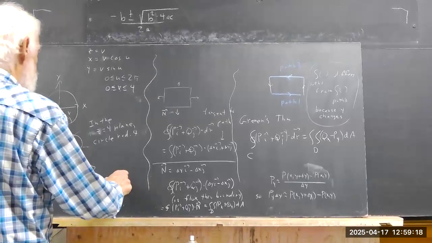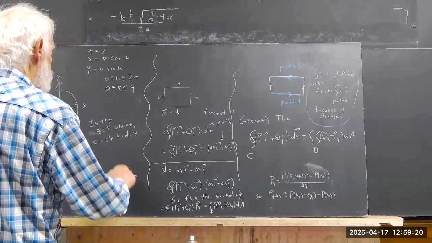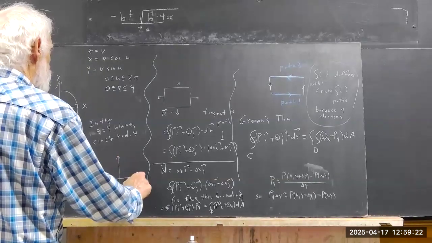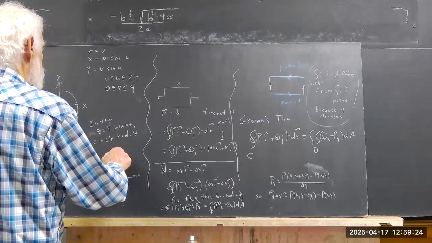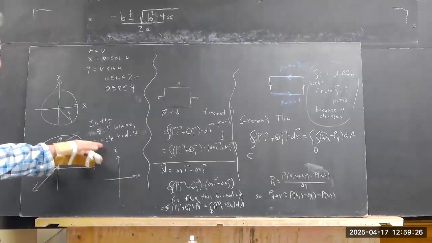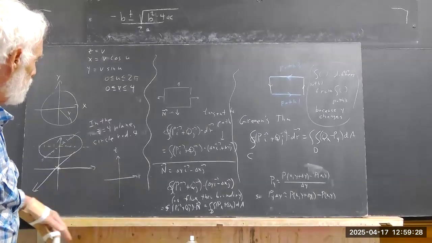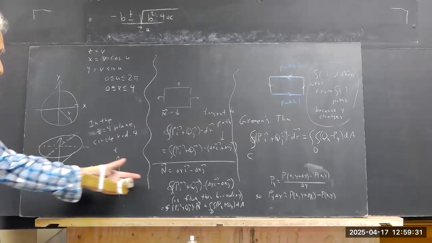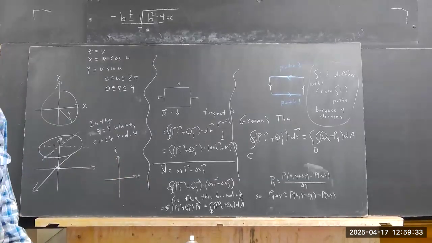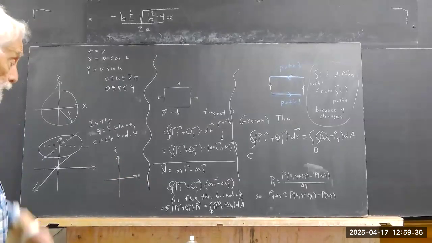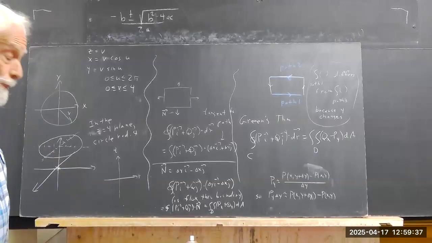Now, if we look at this in the Z versus R plane, where R could be the x-axis, could be the y-axis, or it could be any axis through the origin.